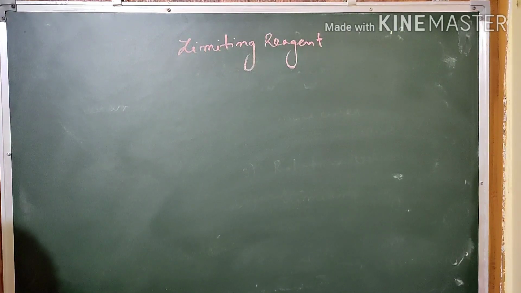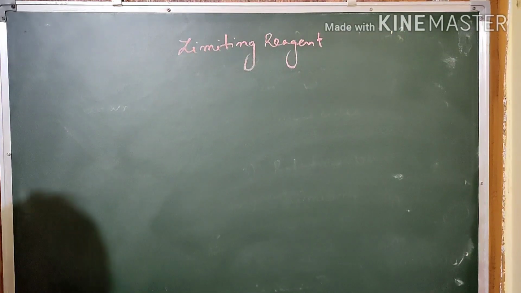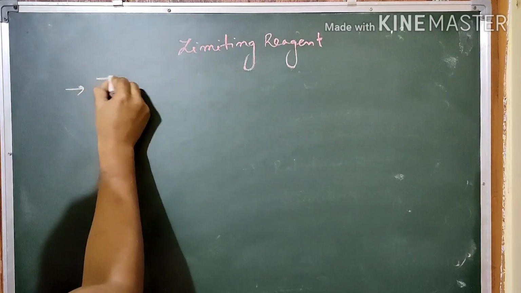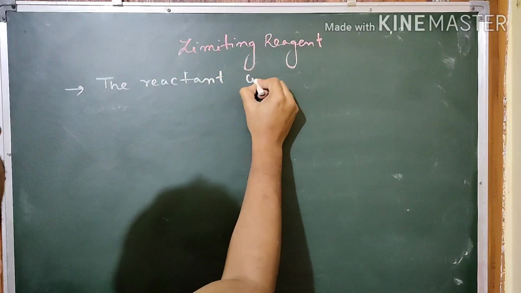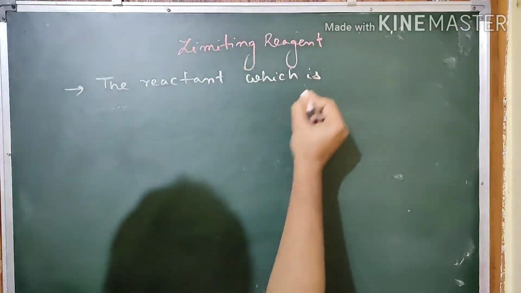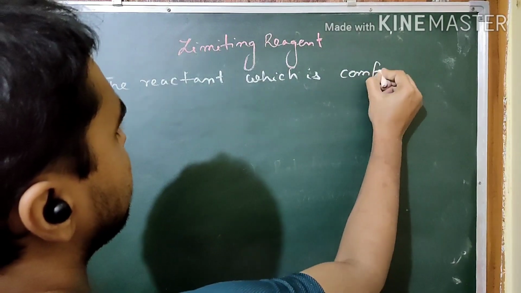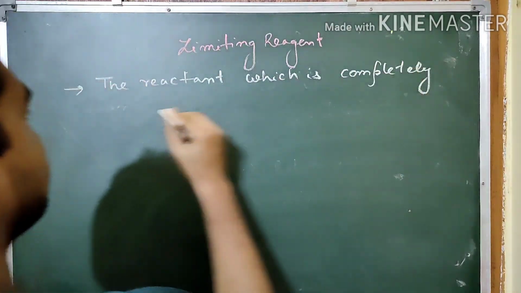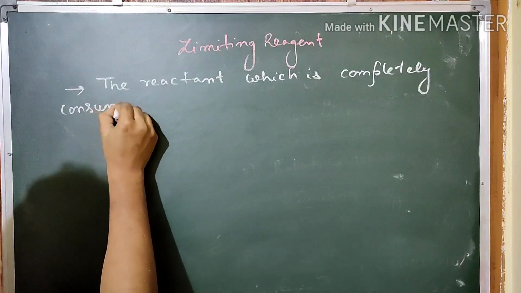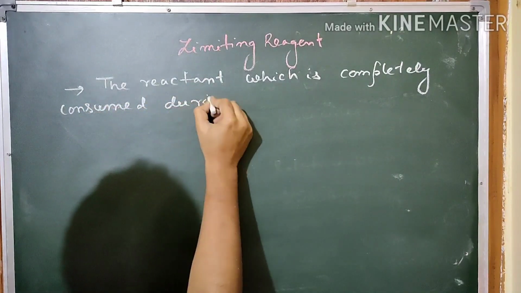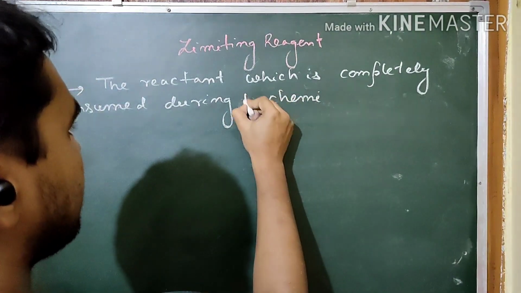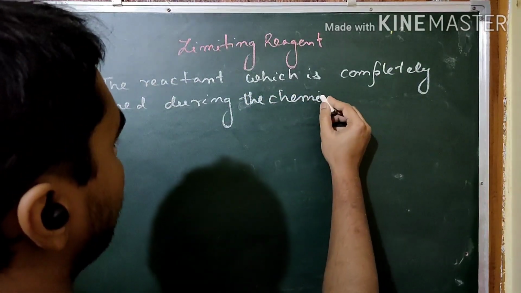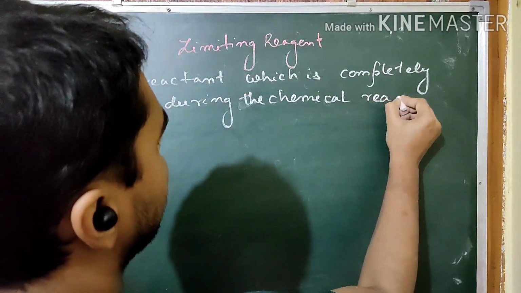The limiting reagent can be defined as the reactant which is completely consumed during a chemical reaction, because in that particular case only we are talking about chemical reaction.